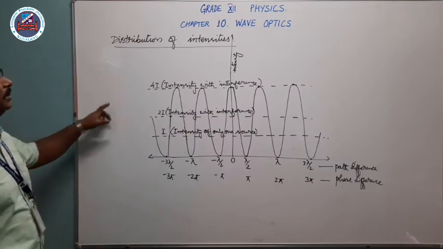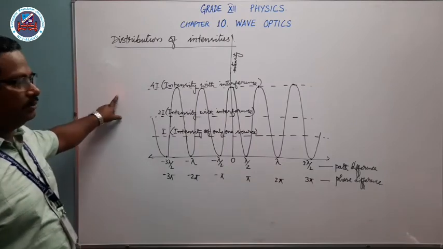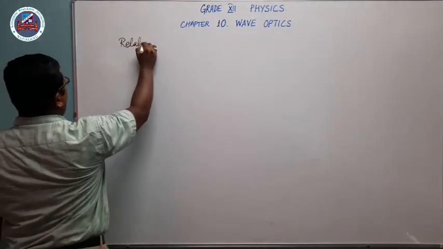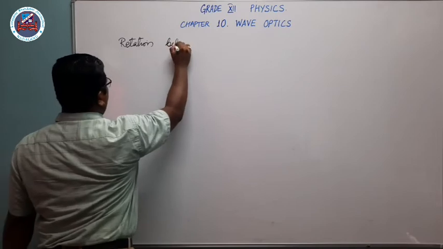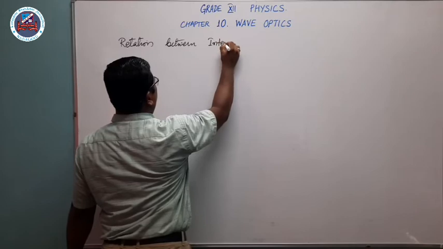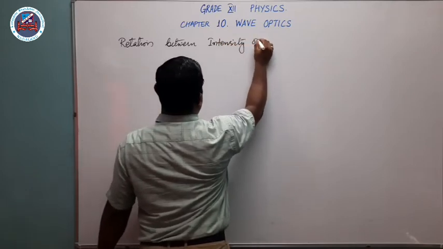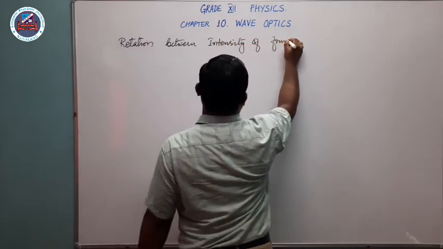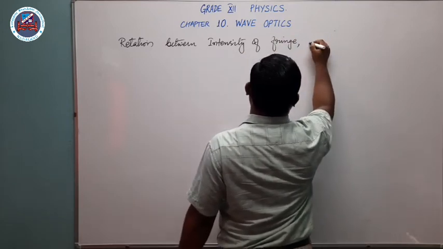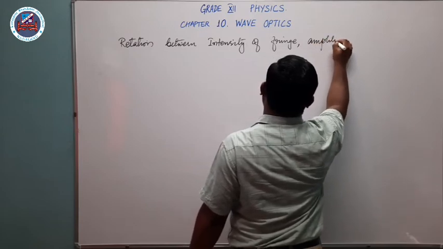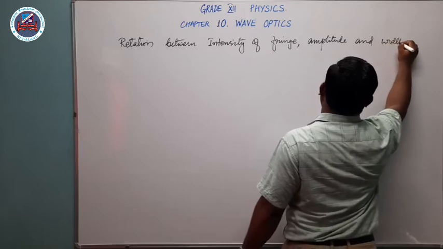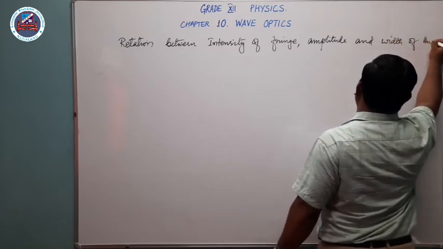Now we shall learn about the relation between the intensity of the fringe, amplitude and width of the slit.